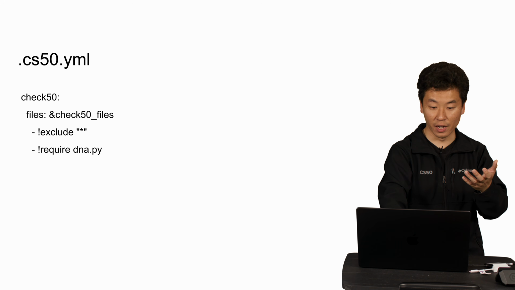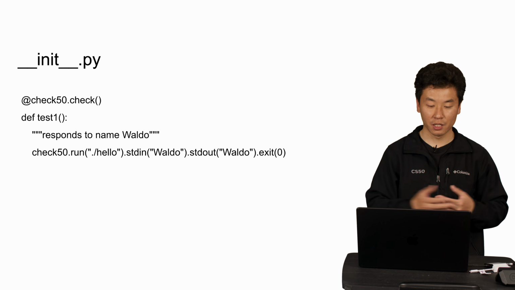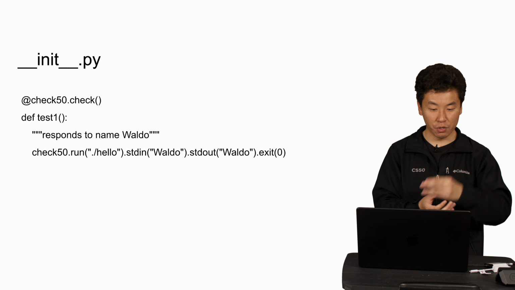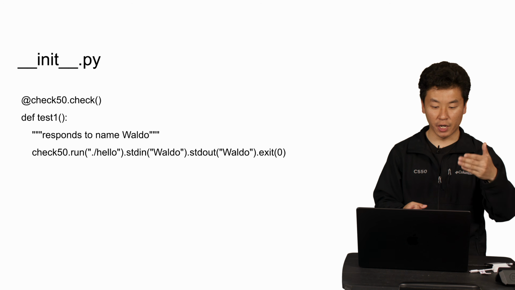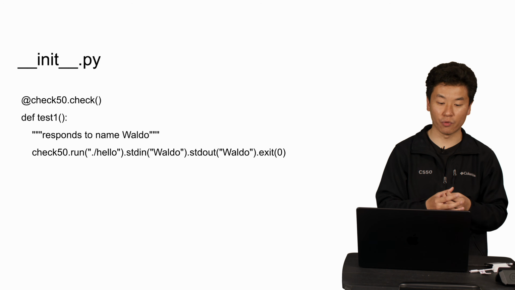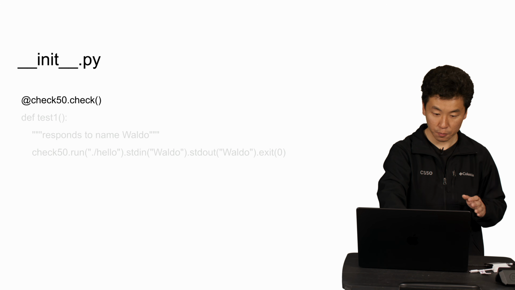Once you have this defined, you also need to write the actual check. To write the actual check, you will put it in the init.py file, and then you will just write your chat50 check by following our instructions for all the test cases. For example, I'm writing a very simple input-output test here.